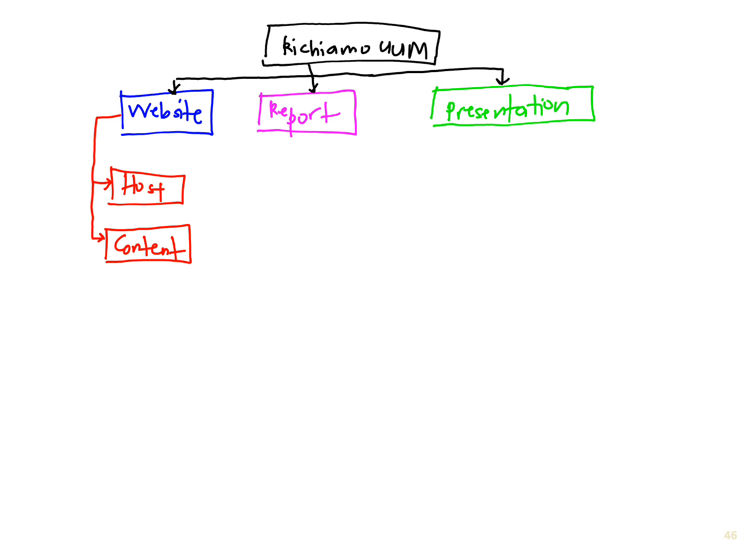For example, I want to have a page called Home, where inside Home I might just explain about Richiamo, right? And then maybe I would have another page that I call About, where I can tell about Richiamo specifically in UUM. That is just an example for the website part.